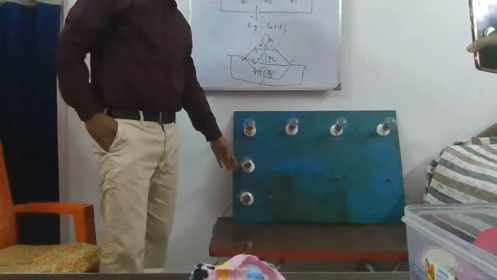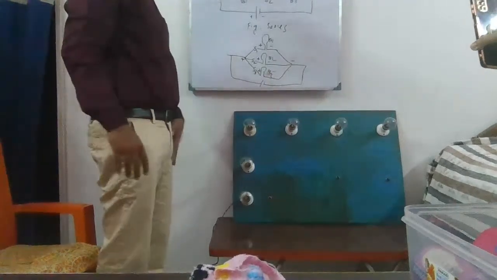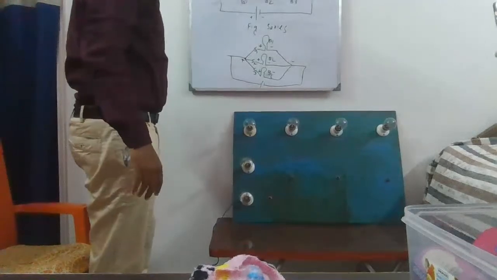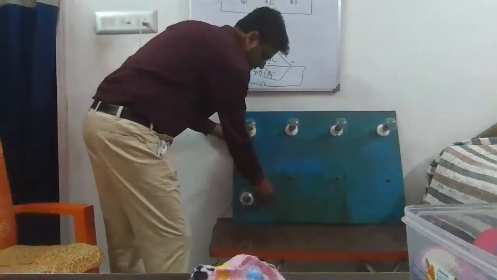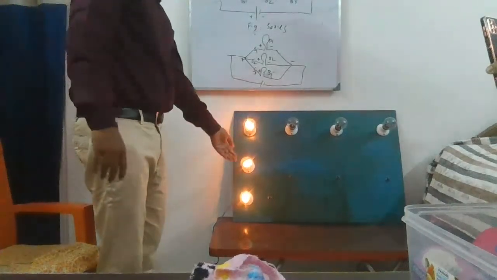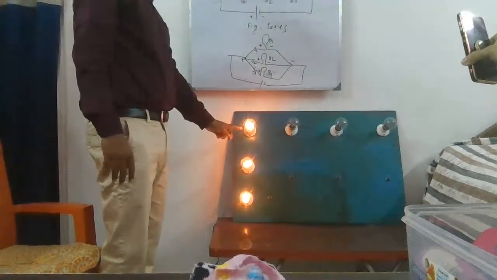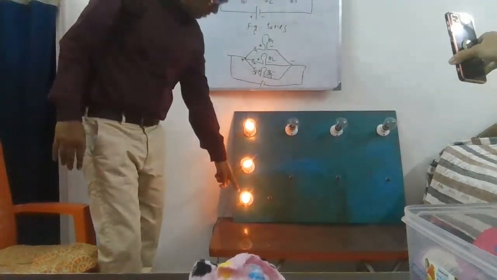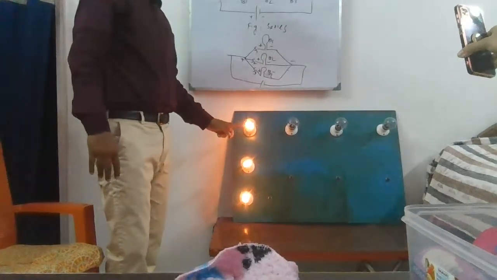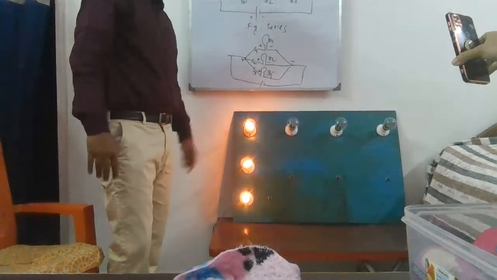We are using three bulbs in series and three bulbs in parallel. So what will happen? We will just watch. If I switch on, then our series connection bulbs are glowing. You just notice in the series connection, all the bulbs are glowing with a small intensity.